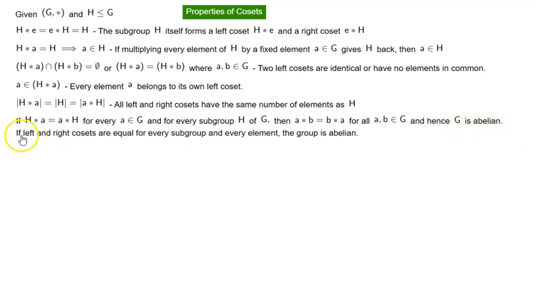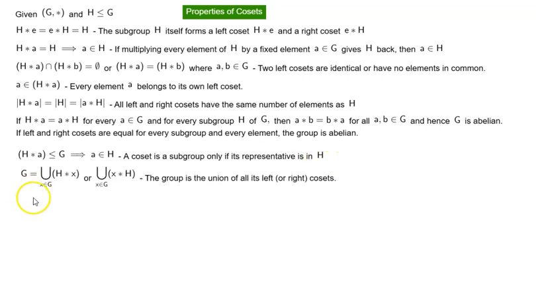So, in other words, if left and right cosets are equal for every subgroup and every element, the group is abelian. Now, if a coset H times A is a subgroup of G, it implies A is in H. So a coset is a subgroup only if its representative is in H.